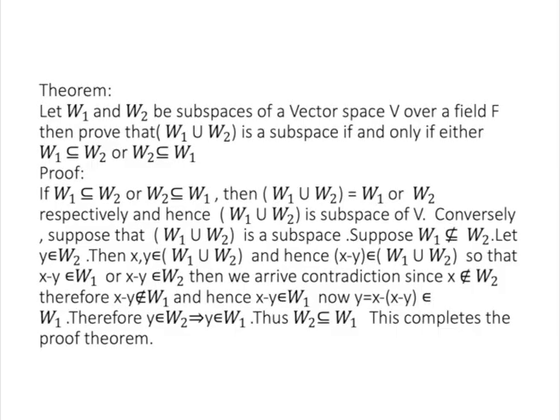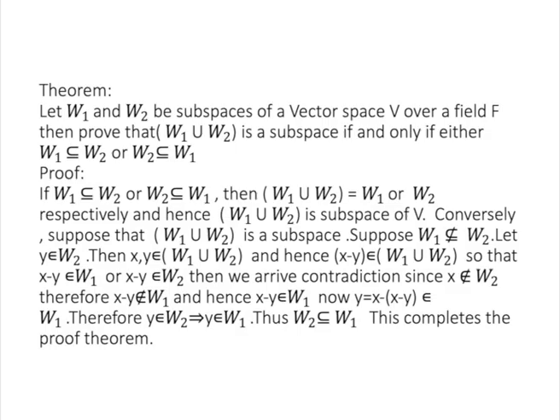Next theorem, this is also most important. Let W1 and W2 be subspaces of a vector space V over a field F. Then prove that W1 union W2 is a subspace if and only if either W1 is a subset of W2 or W2 is a subset of W1.